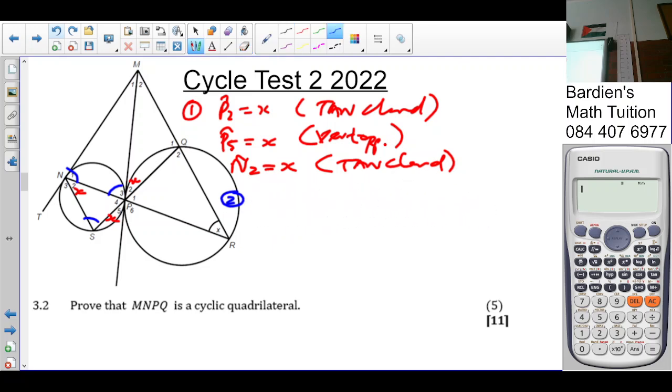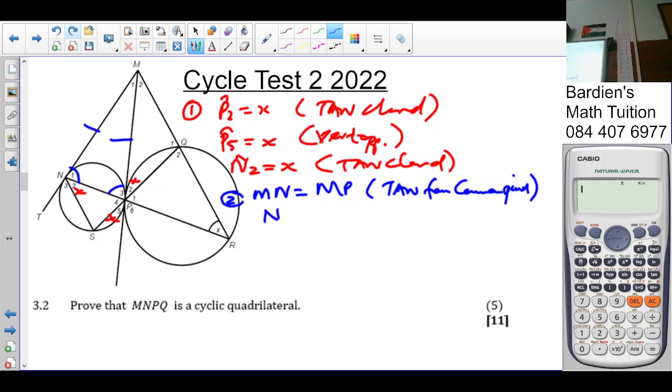But the method that I just applied, I will just take you through an extra line. Can you see that? But just to follow the memo, I did it in the memo. So I'm saying that N1 is equal to angle P3. But firstly we have to say that MN is equal to MP. Why? Tangent from common point, or tangent from external point. Then we're going to say that N1 is equal to P3.